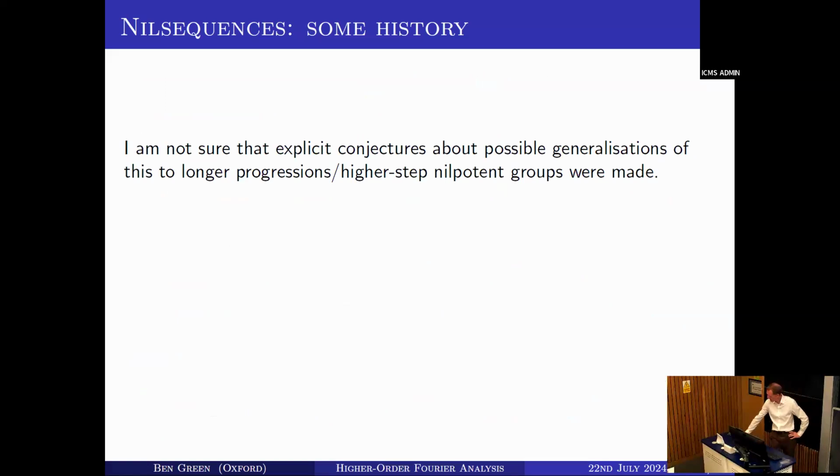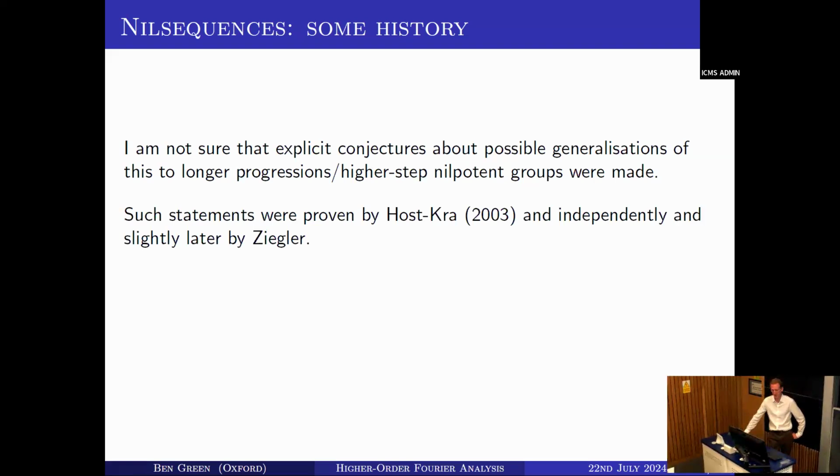Now, once you've done something in the two-step case in the ergodic world, it would certainly be very natural to conjecture generalizations to longer progressions and higher step. I'm not 100% sure that explicit conjectures were in the literature, but it must have been in the air in the ergodic theory community.